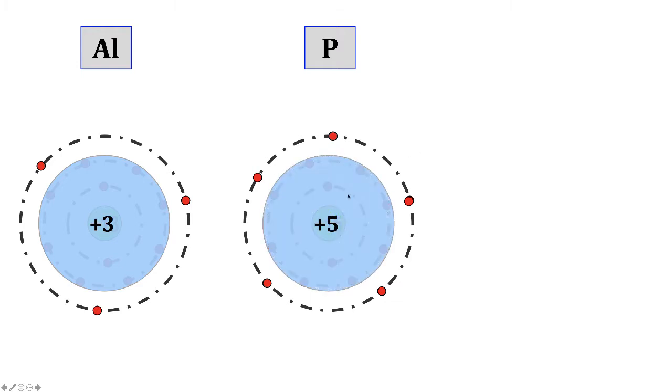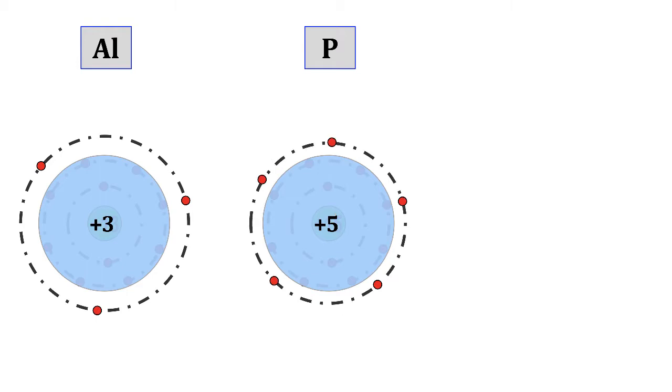What that means is we have 10 inner shell electrons shielding 15 protons, gives us an effective nuclear charge of +5, attracting these 5 outer shell electrons, and the larger effective nuclear charge essentially pulls in the electron density of the outer shell electrons. So even though there's more of them, they're actually not as far away on average. And so we actually have a smaller atom for phosphorus than aluminum, even though it has more electrons, because it also has a larger effective nuclear charge.